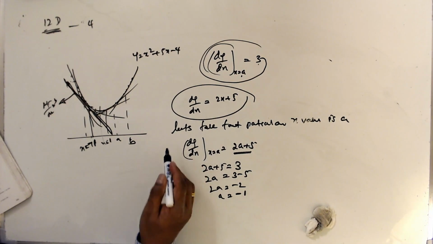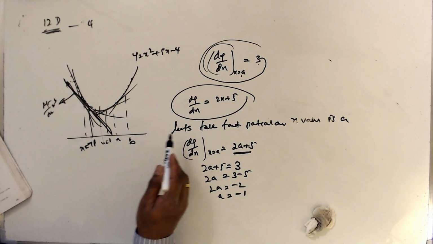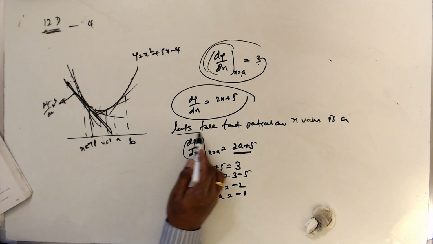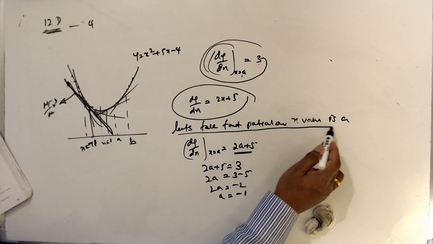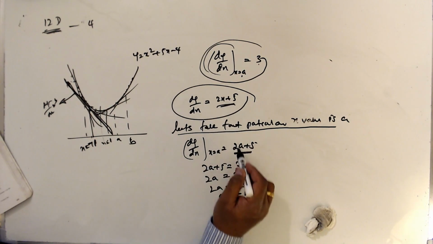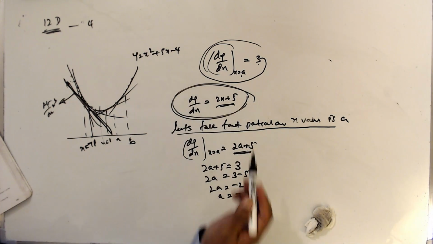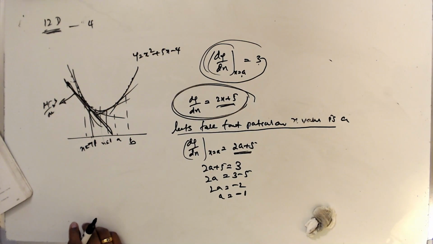Instead of that, we can write in terms of a special point, the point we need. Let's take that particular x value as a. Then I simply substitute, instead of 2x plus 5, 2a plus 5. But this is after finding the gradient.